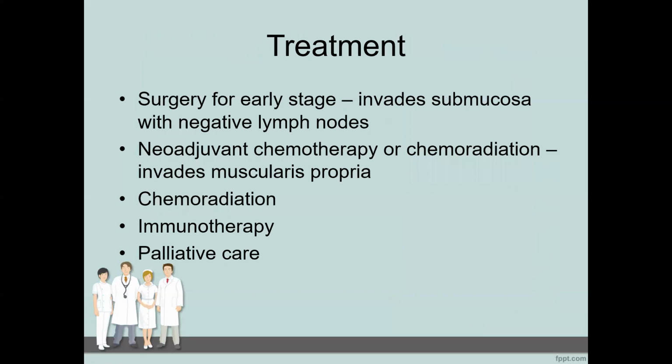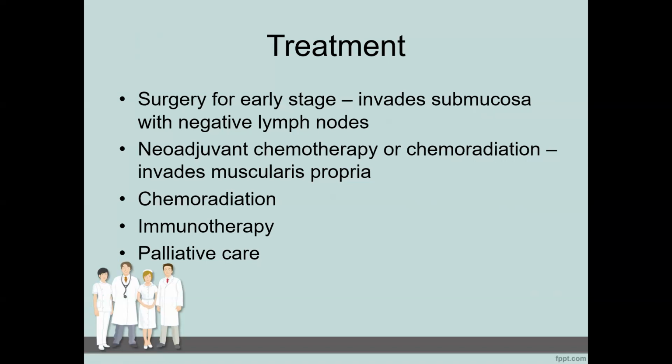Treatment for stomach cancer includes surgery, but only for early stage tumors that only invade into the submucosa and the nodes are clinically negative. A patient may need chemoradiation after having surgery depending on the pathologic findings.